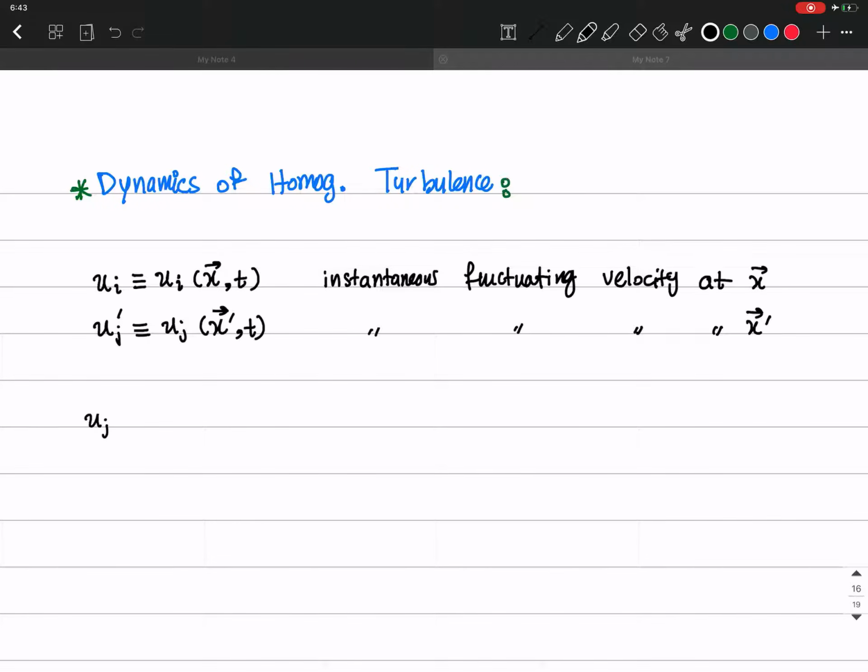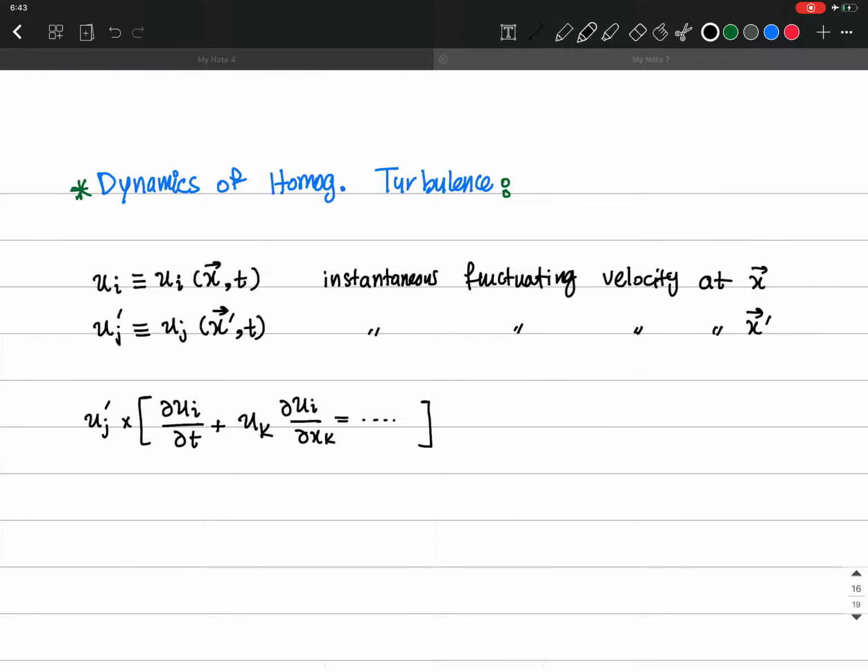First we multiply uj prime by the Navier-Stokes equation, partial ui over partial t plus uk partial ui over partial xk. I write it as uk instead of uj now so that we don't confuse it with this j here, and this equals the right hand side of the equation, which I'm not going to write again.